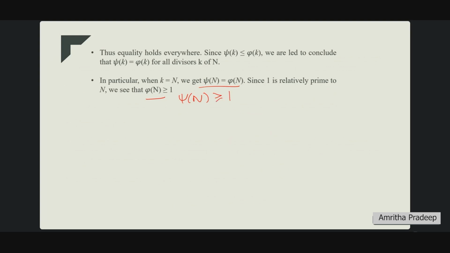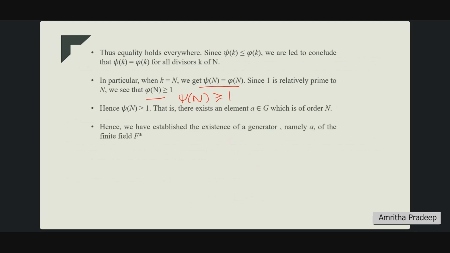But recall the definition of psi of n. It basically says the number of elements whose order is n. So what we've shown here is we can find at least one element whose order is n. And what is n? The order of the group. So what we have found is we have established the existence of a generator of the finite field f star, proving f star is cyclic.